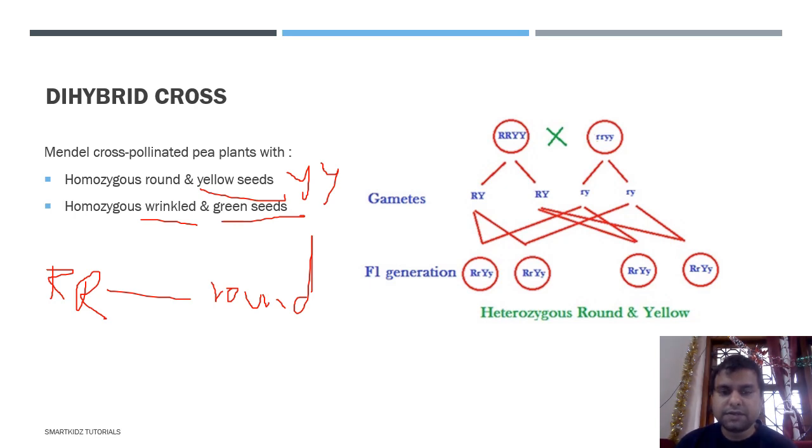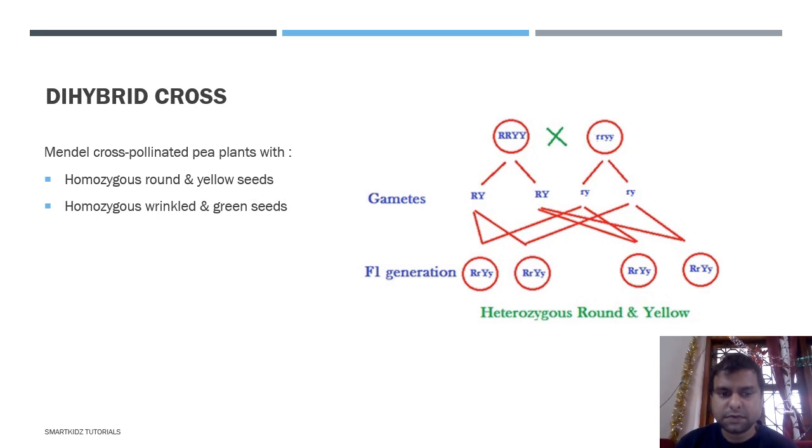Now when we speak about cross-pollinating plants with round and yellow seeds with wrinkled and green seeds, let's see what we get.